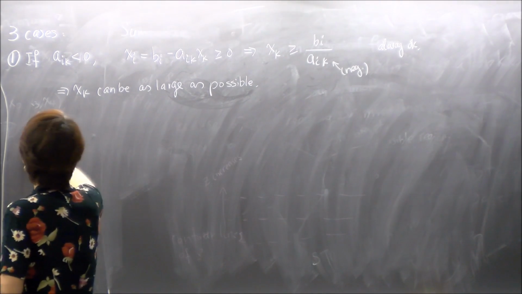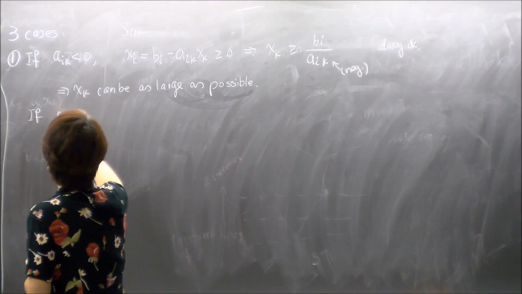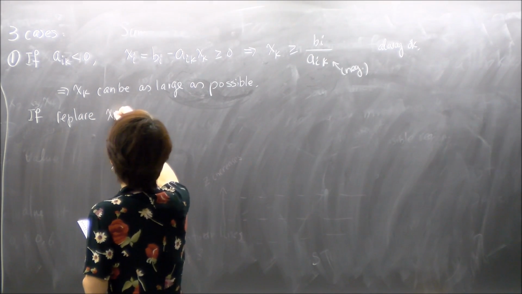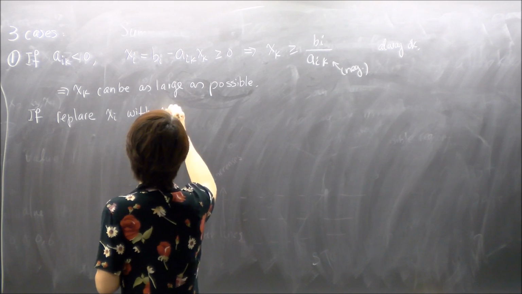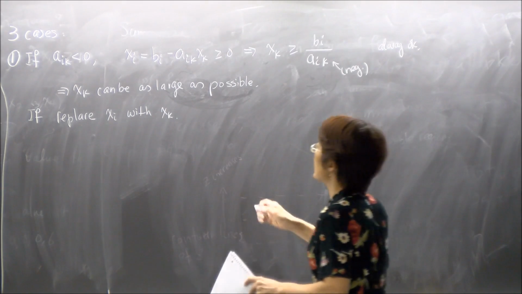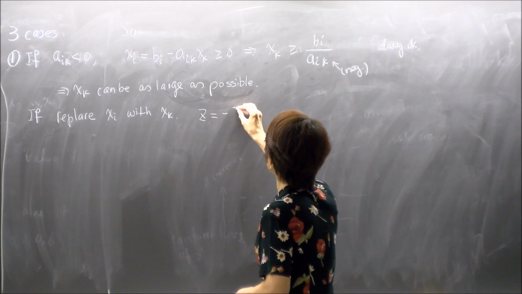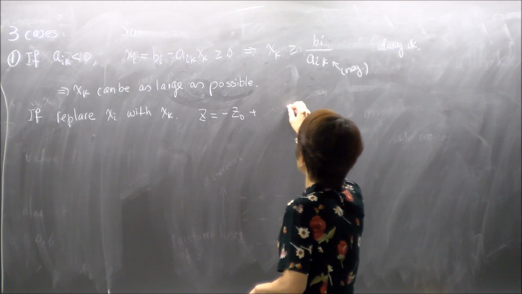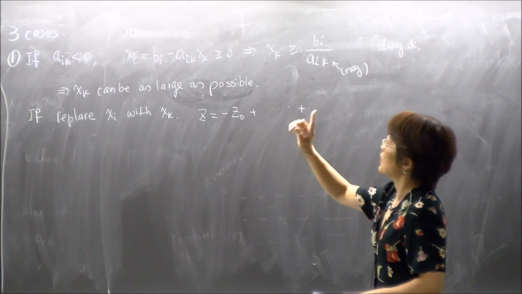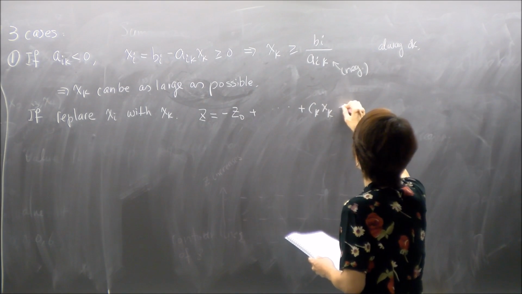So if I do this operation now, if I replace this xi with xk as a basic variable, of course, then we will have the following. The z would be written as negative z0 plus all the other non-basic ones. They will be 0. And I will have this term that is ck xk, which will enter.